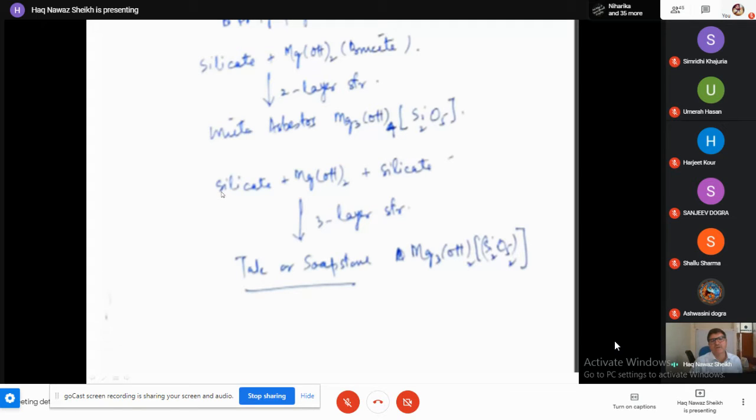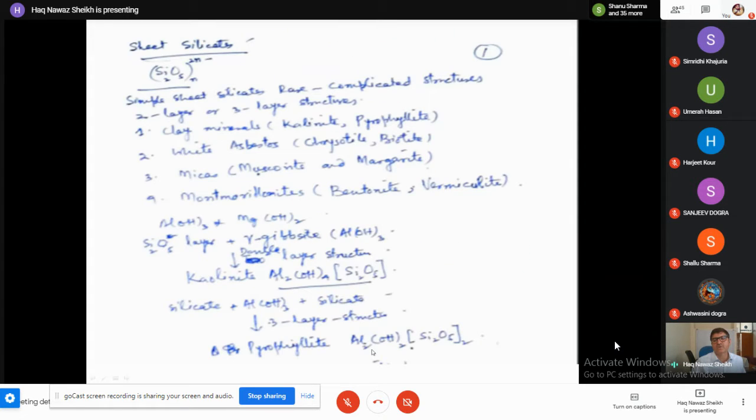And if you have a double layer of the silicate on each side of the magnesium hydroxide, you have a three-layer structure that generates talc or soapstone, which is slippery to the touch, and it has the formula of magnesium 3 times, now OH 2 times. In the same fashion as pyrophyllite had aluminum 2 and OH 2, if you go back, this is aluminum 2 and OH 2.